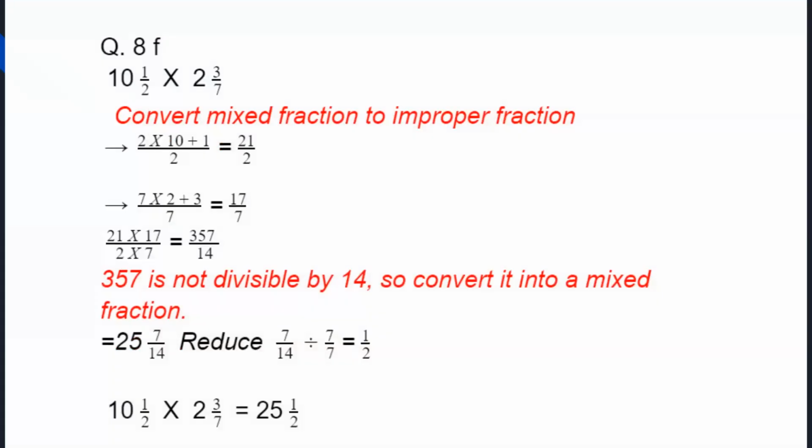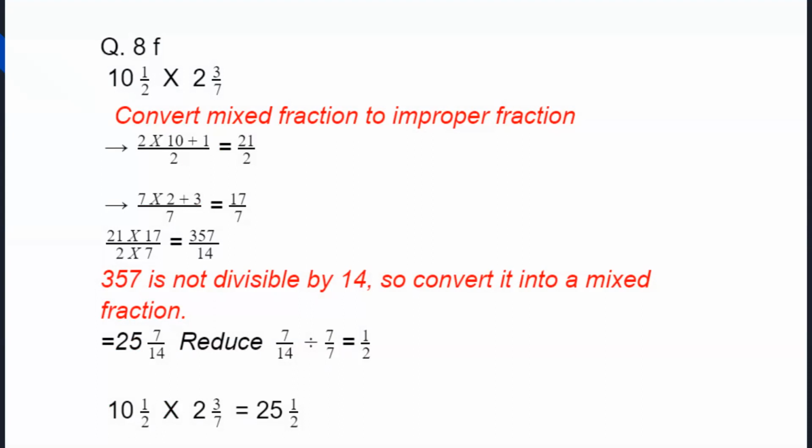In this way, we can multiply whether one number is a mixed fraction or both the fractions are mixed fractions. Now the next example is question number 8F. 10 1 by 2 into 2 3 by 7. Convert mixed fraction to improper fraction first of all. 10 into 2 plus 1 upon 2 equals 21 upon 2.